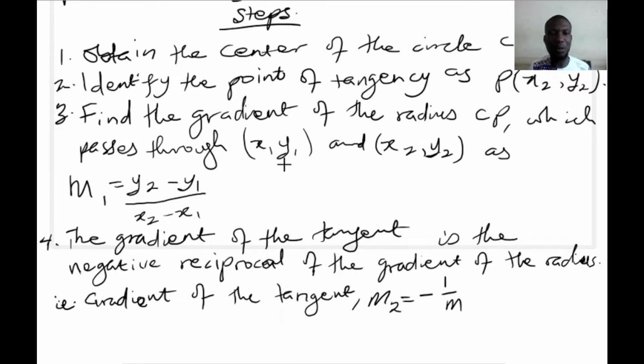Then step 4 says that the gradient of the tangent is the negative reciprocal of the gradient of the radius. That is, the gradient of the tangent, which we call M2, will be the negative reciprocal, which is -1 over M1.